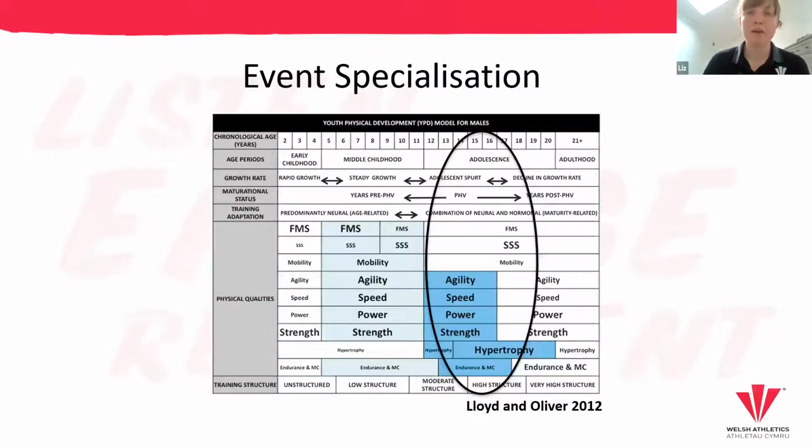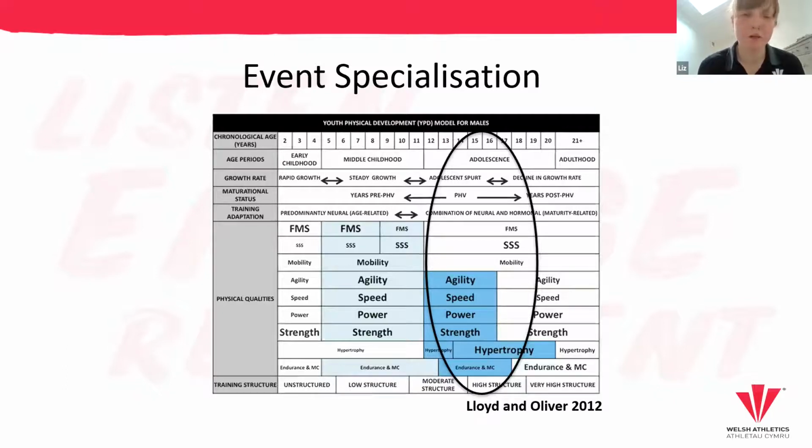This is also supported by one of the things I've shared previously in my presentations, the youth physical development model. This model was devised by John Lloyd and Roger Oliver at Cardiff Met University. They've looked at stages of development and what physical qualities we can develop in athletes at different age groups.